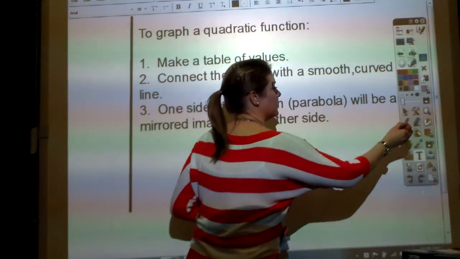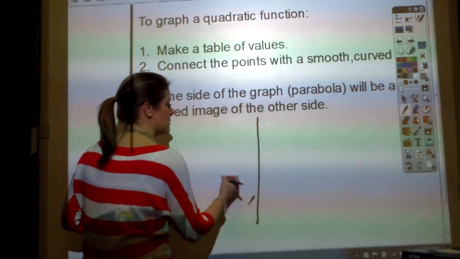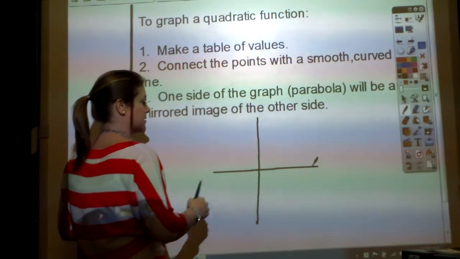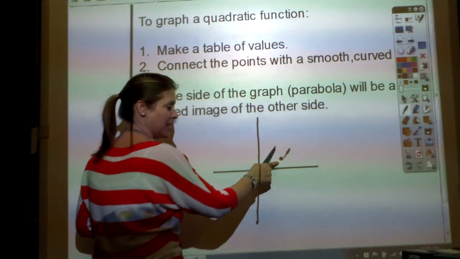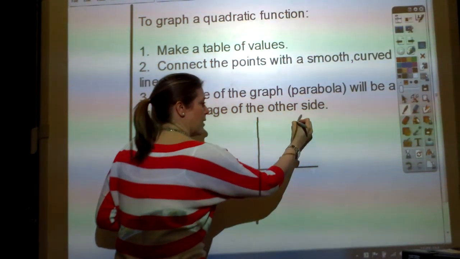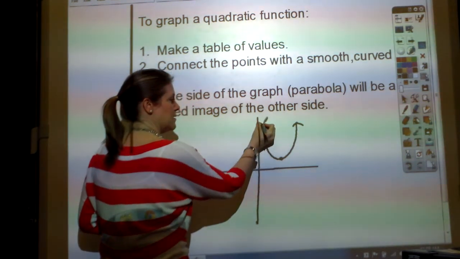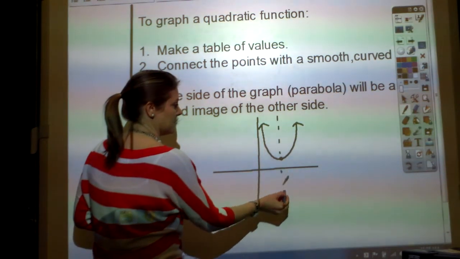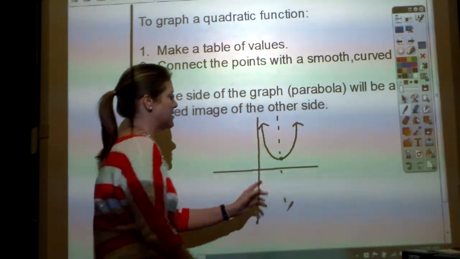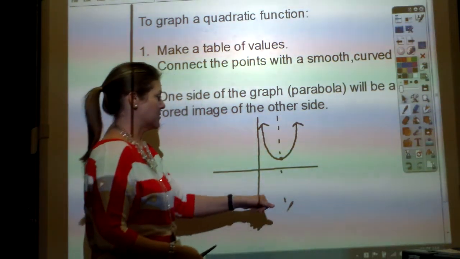So I'm going to do a really rough look of what a parabola kind of looks like. If this was our x and y axis, we have a point called the minimum. That's your vertex. Your parabola kind of goes upward. The other side is going to be a mirrored image. So you're going to have what's called an axis of symmetry going right down the center, and the two sides are going to be the same distance from that axis of symmetry.